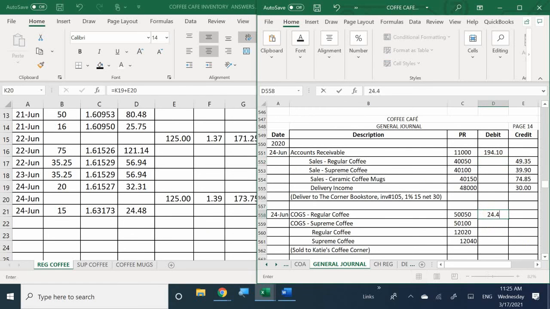So 24.48 and 18.40. Okay. And we didn't sell it to Katie's Coffee Corner. Who did we sell it to? We sold this to the Corner Bookstore.